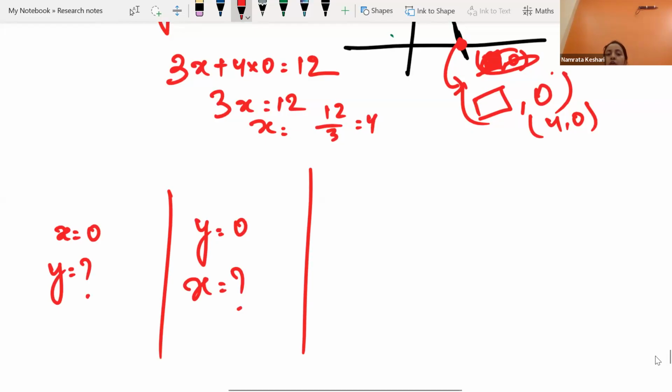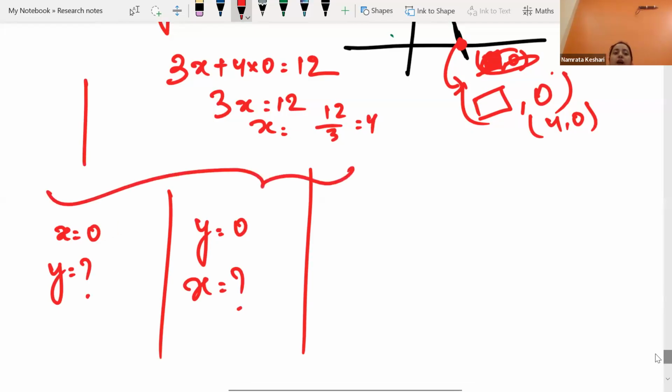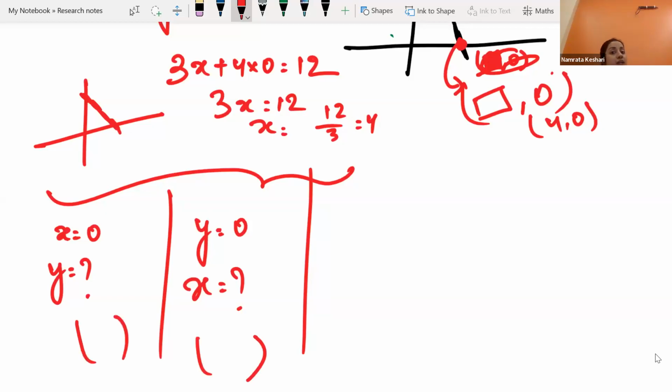So what does that mean? It means we are checking at which point our graph touches the x-axis, and at which point it touches the y-axis. We find those coordinates first because they are very important points. Getting it? Yes, ma'am.